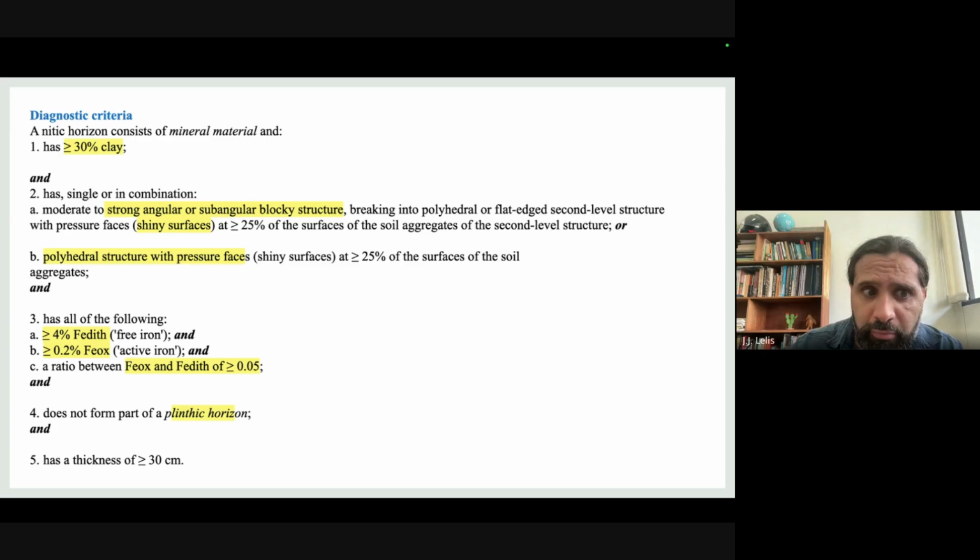If you don't know, moderate and strong structures are described by the person considering the percentage of materials, of particles like sand, silt, and clay that are in your hand when you take some samples. So you can figure out that you are in the field taking some hand samples of the soil.